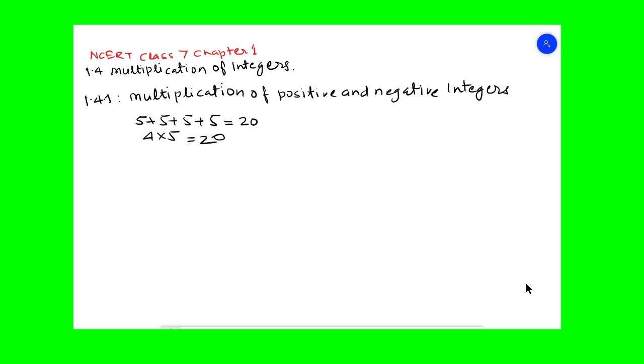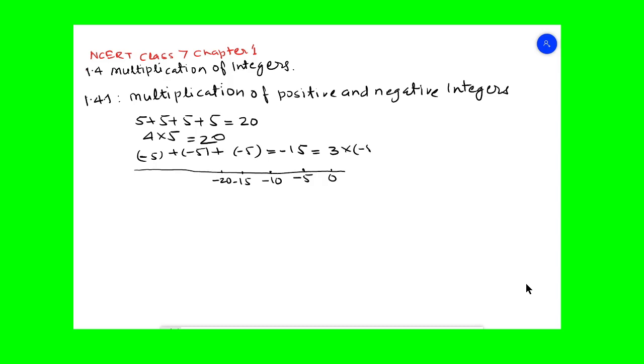Now let's find the answer of repeated addition of integers. So we go to the number line: minus 5 plus minus 5 plus minus 5 equals minus 15. This is also equal to 3 multiplied by minus 5.